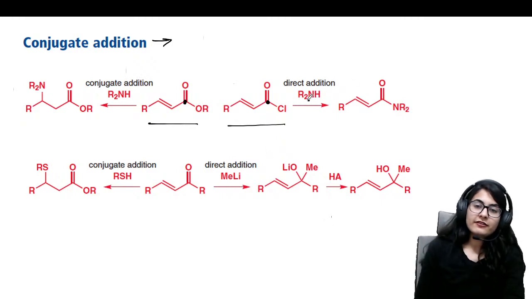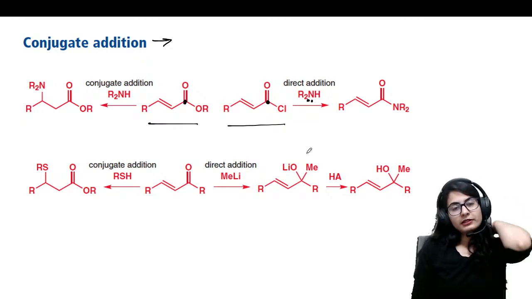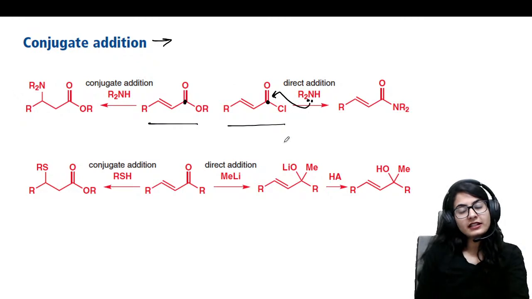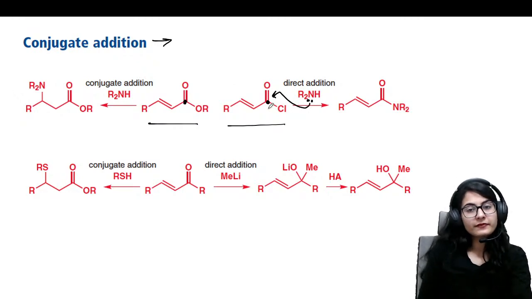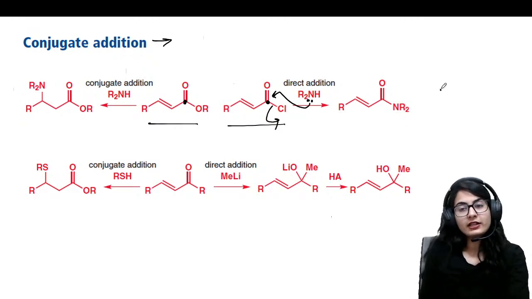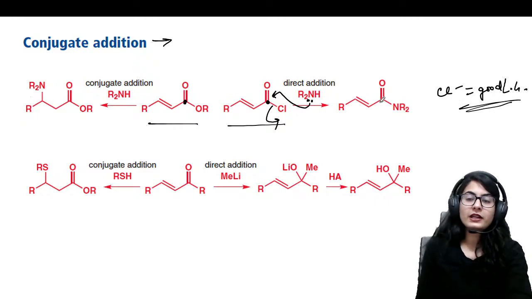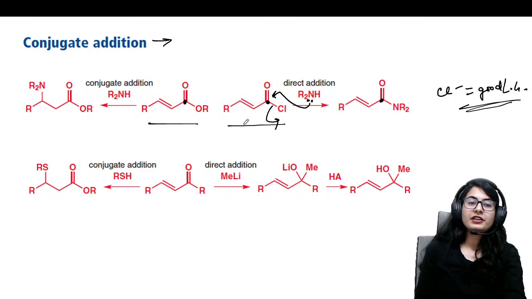That is, if your amine has to attack on the acyl chloride, what will be the product? ये direct addition करेगा कि conjugate addition? Because Cl minus is a good leaving group, it is going to give you direct addition.